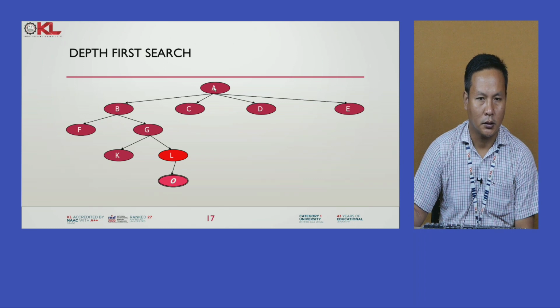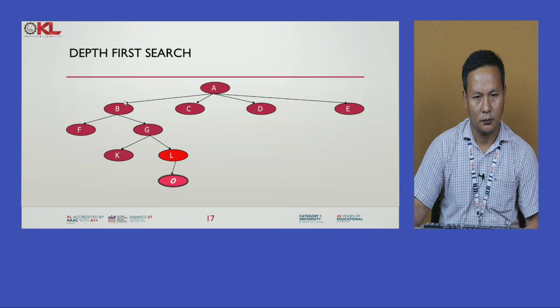We start searching from the root node A, and move to node B in the left branch.